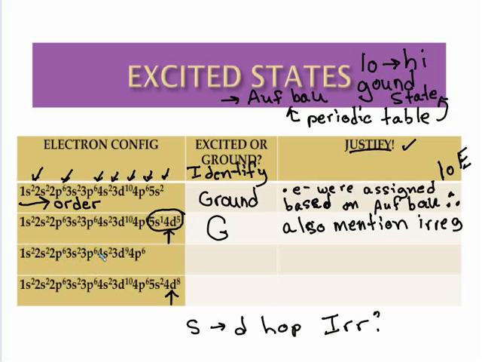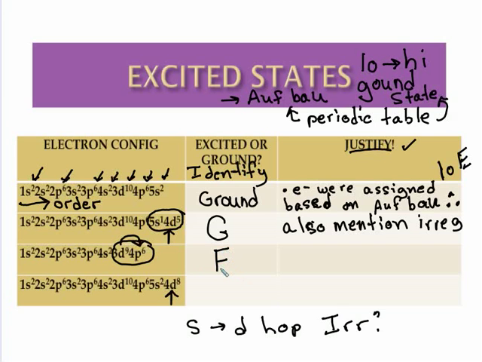Now, as we go through this one, we're seeing everything in the right order, except, let's take a look here. Now look at the electrons. When you look at the electrons in there, do you notice that one electron went from the D to the P? That's a higher energy state.